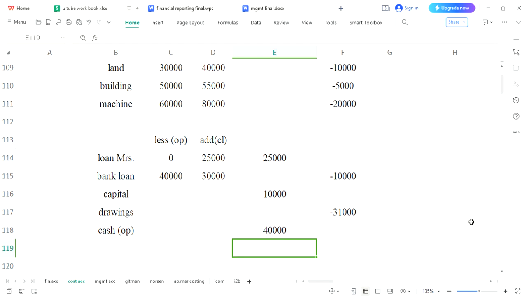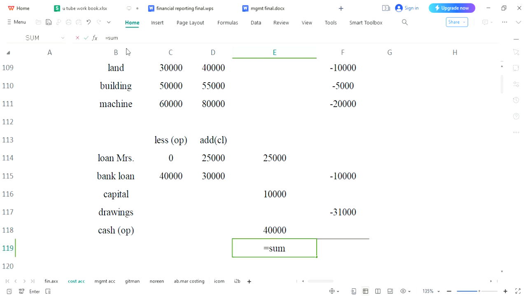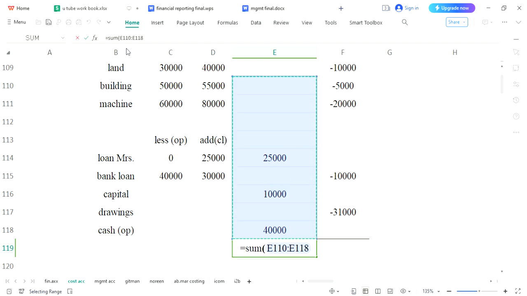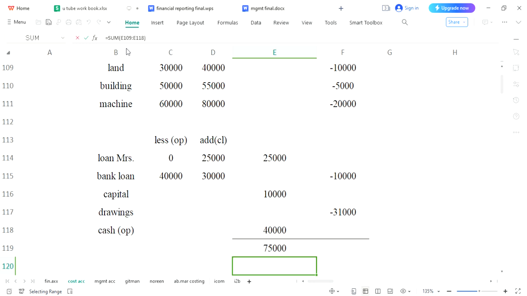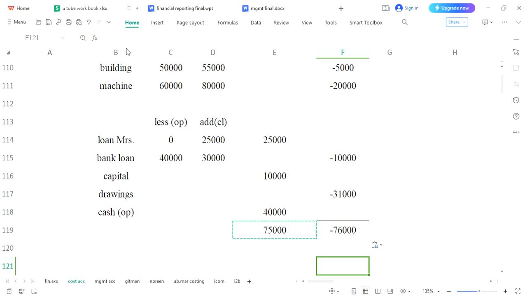Now let's check it out. We are going to take the sum of all resources and the sum of all applications.